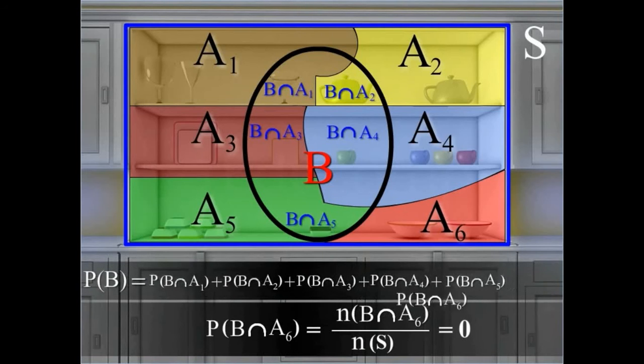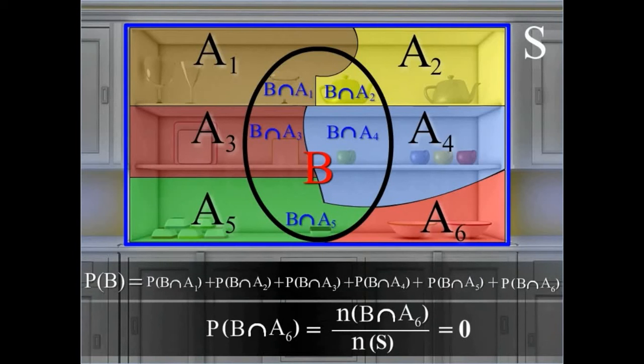Now, if you add the probability of B intersection A6 on the right-hand side of the expression for probability of B, it remains the same.